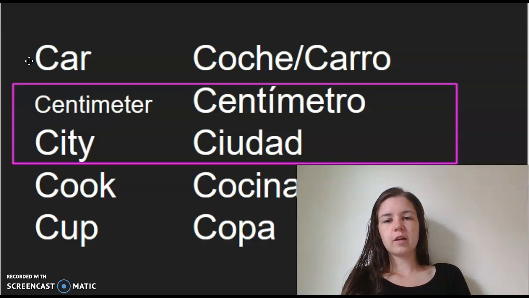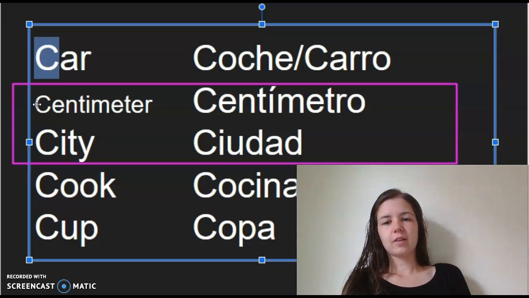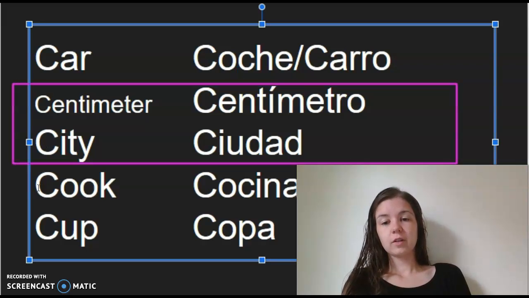So for instance, with the letter C, I can have a K sound, such as in car. I can have an S sound, such as in centimeter. I can have an S sound again, such as in city. I can have a K sound, such as in cook, or a K sound such as in cup. So in summary, the letter C can make the K sound or the S sound.